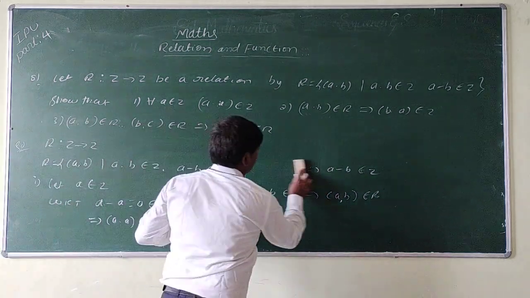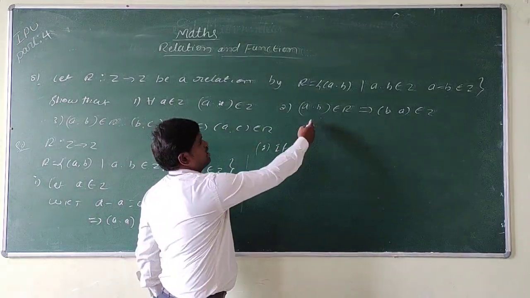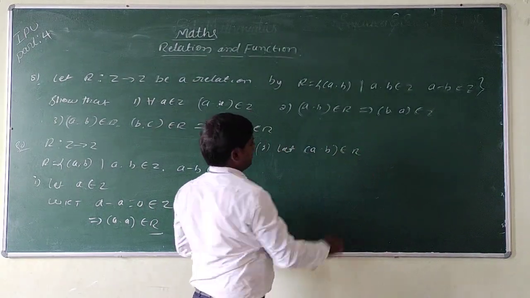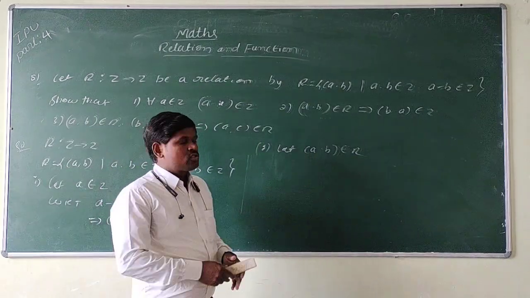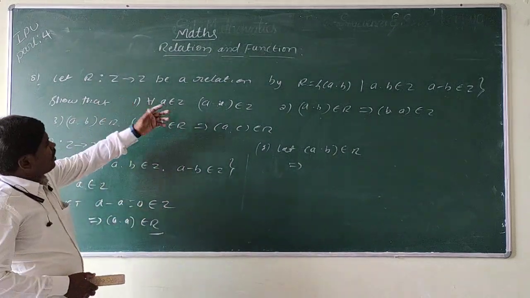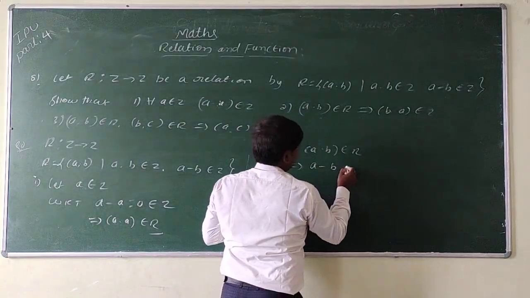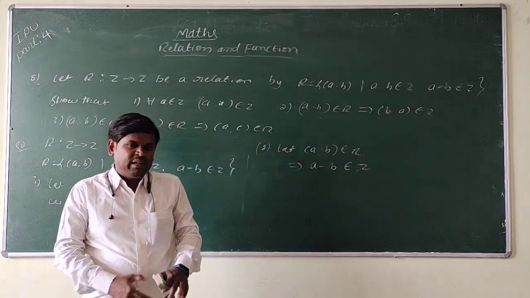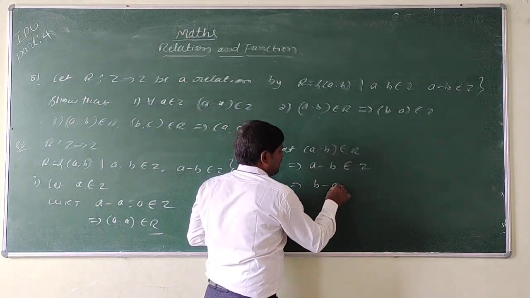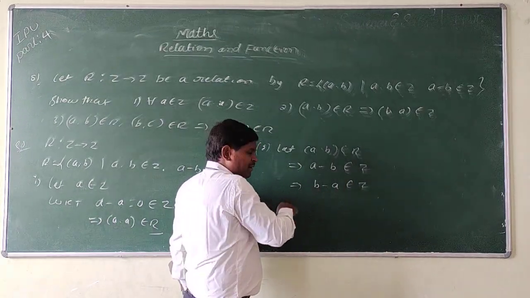Next is the second one. Let (a, b) belong to R. I am taking any ordered pair which belongs to R. So (a, b) belongs to R means, by the definition, a minus b is an integer, so a minus b belongs to Z. So b minus a is also an integer.